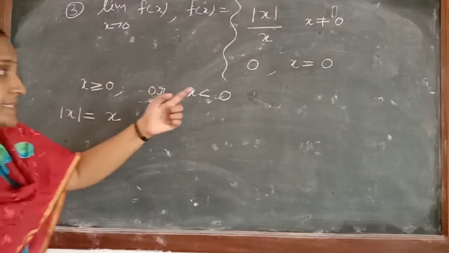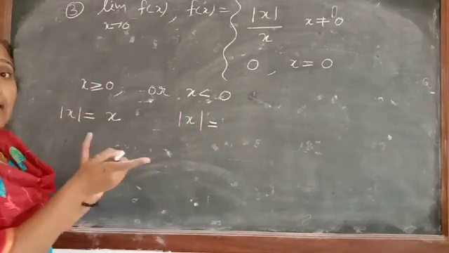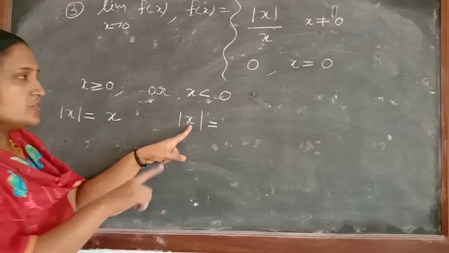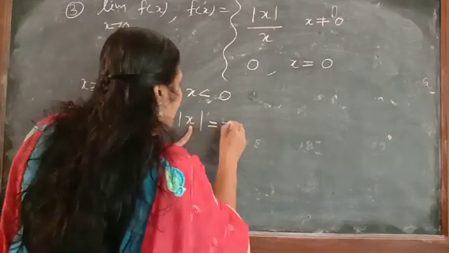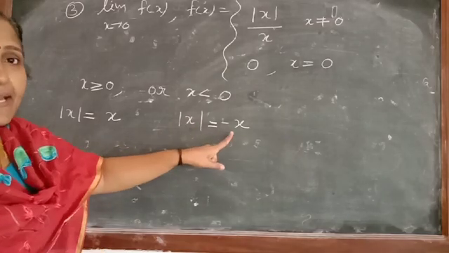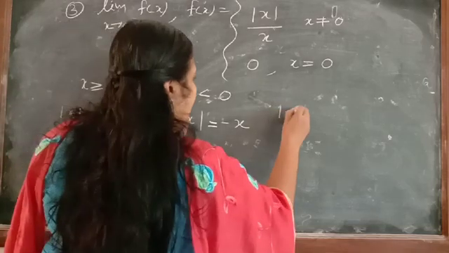But when x is less than 0, that means x is a negative number. X is already negative, so we define mod x as minus x. Don't think that the modulus will be negative there. Here our x is a negative number. Suppose I take minus 3.